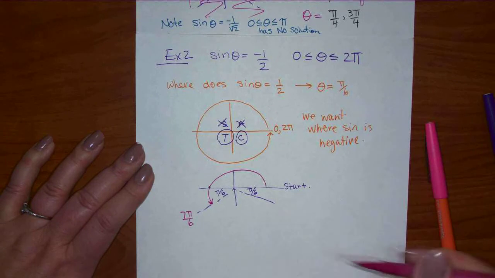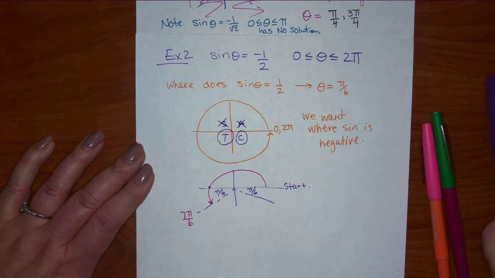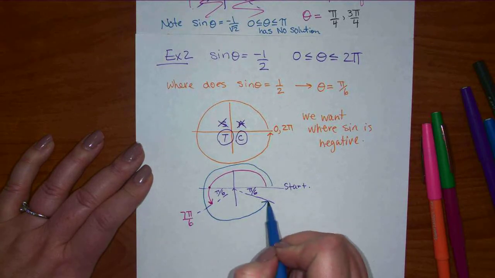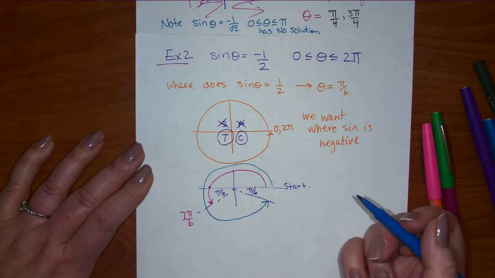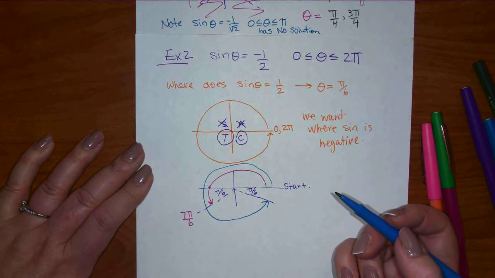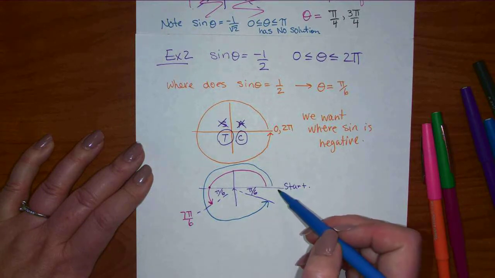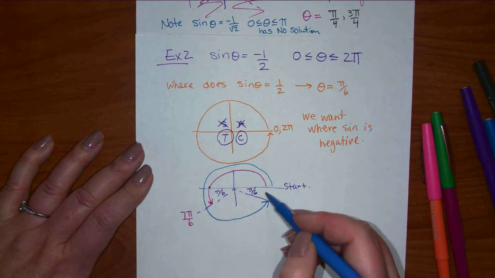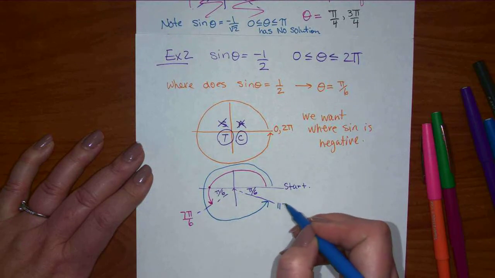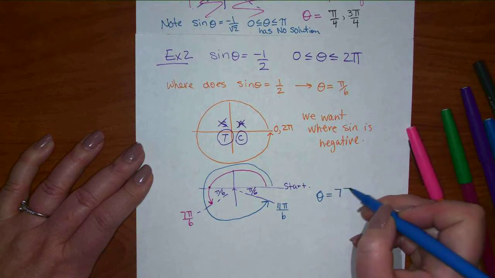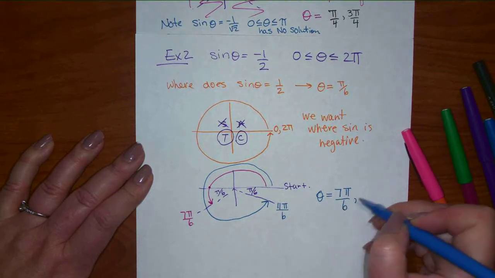Now, back to the start, and go to the second line. How many pieces would this be? So all the way around back to the start would be 11 pieces, because they're cut in 6, we do 6 and 6. We want one less, so this would be 11. So theta is equal to 7 pi over 6, or 11 pi over 6.